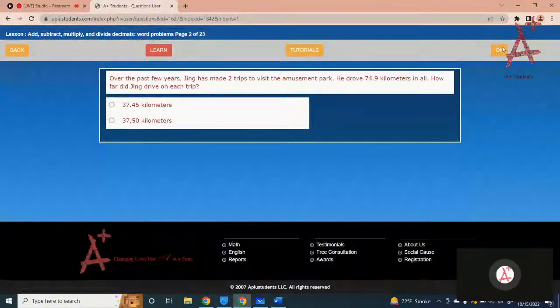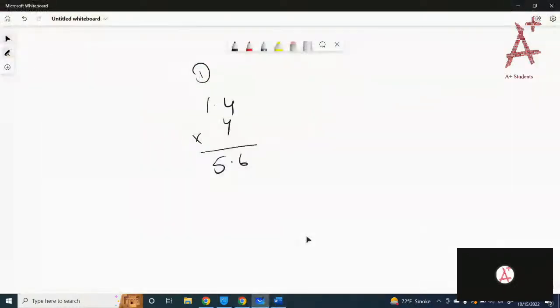Over the past few years, Jing made two trips to visit the amusement park. He drove 74.9 kilometers in all. How far did Jing drive on each trip? So for two trips, the distance is 74.9 kilometers. So basically, you have to find the distance for 1 trip. That means you have to divide, got it, not multiply. So it would be 74.9 divided by 2.